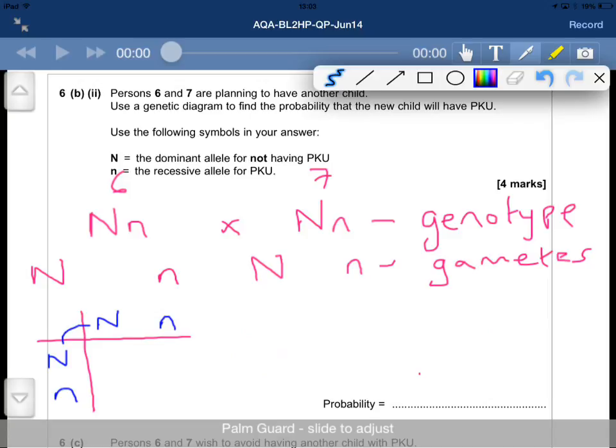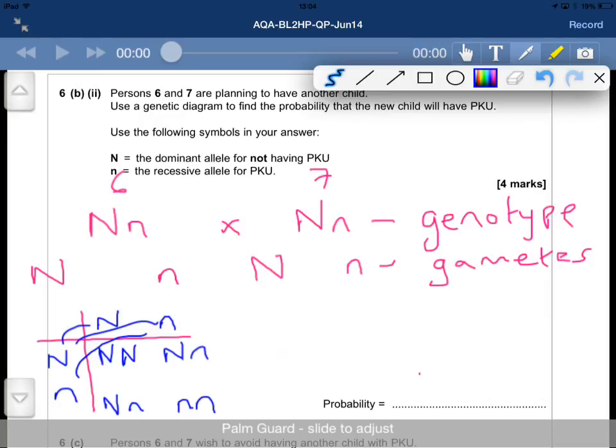So that one by that one gives NN. That one by that one gives Nn. That one by that one gives Nn. And that one by that one gives nn. And that is the way that we multiply out the gametes.